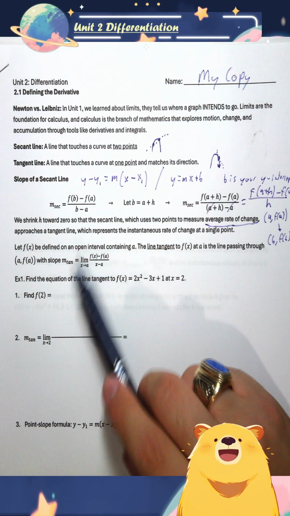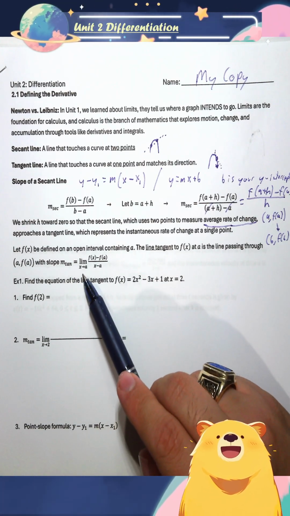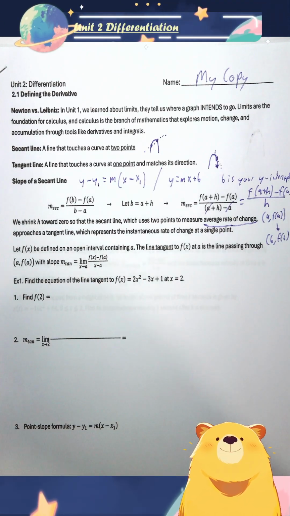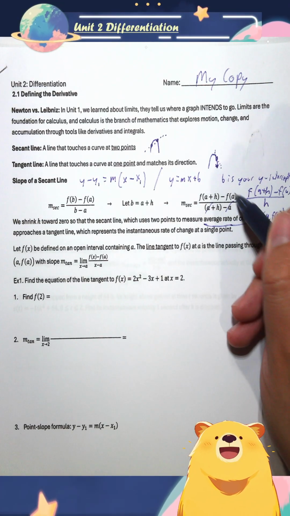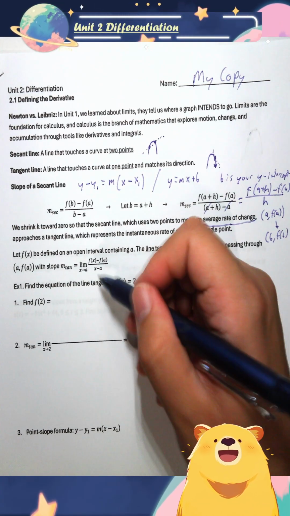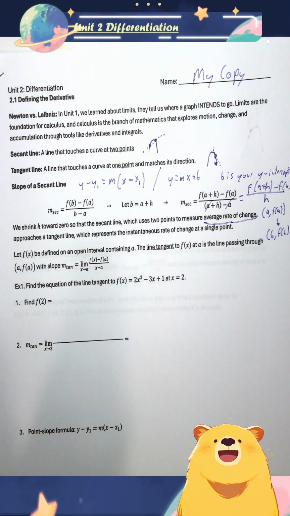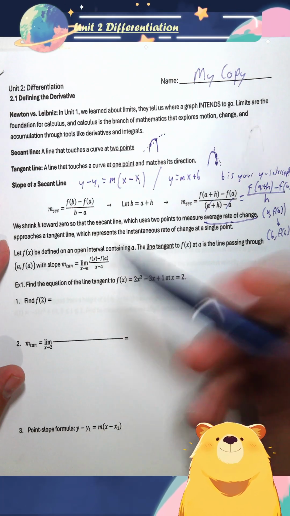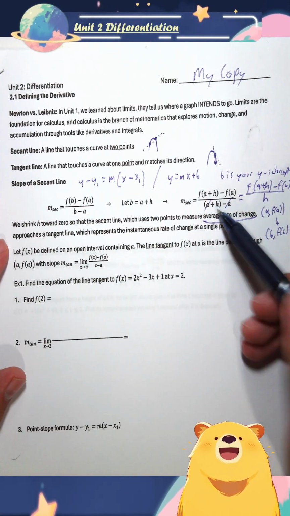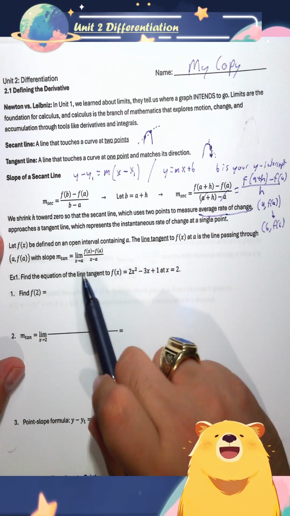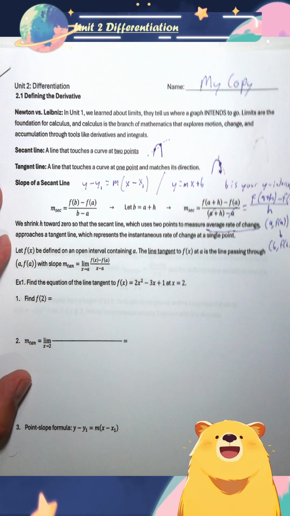So the tangent slope becomes this notation, where you start off with any point, and notice how we're technically subtracting our initial point a, so same thing, but you're subtracting h, so it's smaller and smaller just till it becomes a. Well, what do we call that? We basically call that a limit.